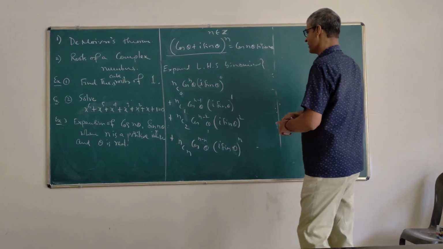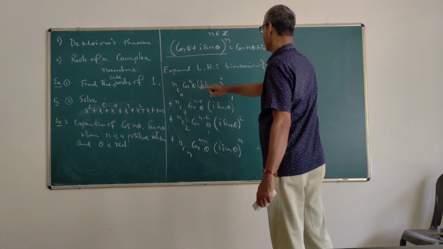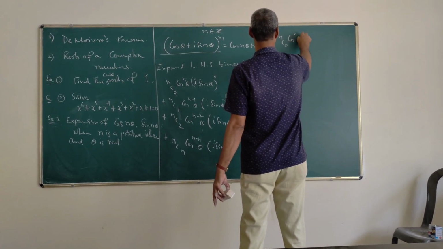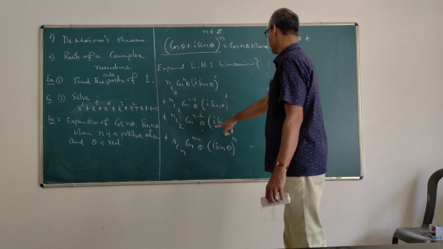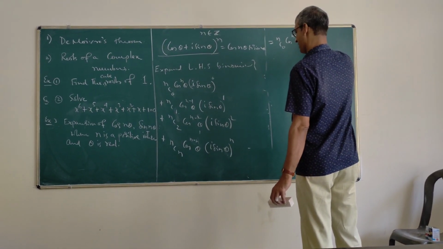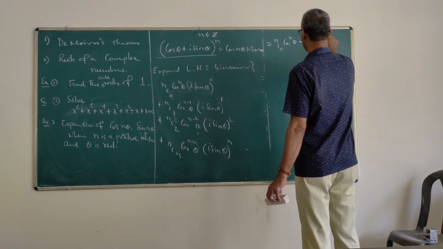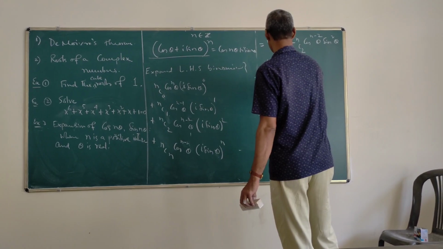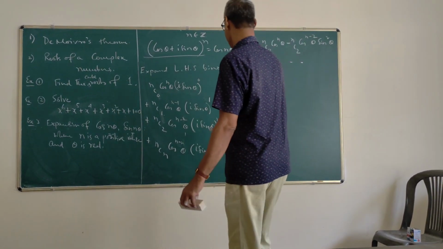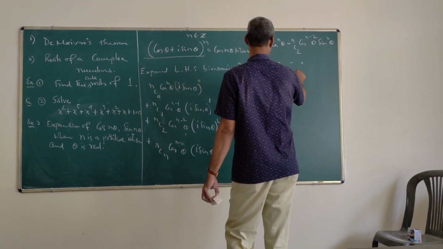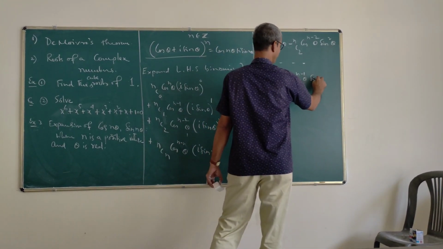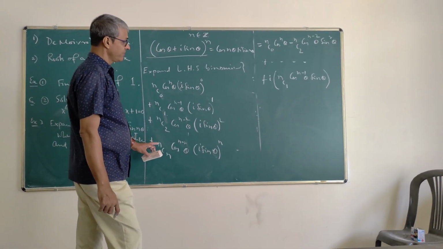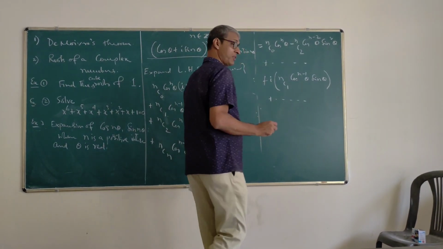The terms free from i are nC0 cos^n theta, then minus nC2 cos^(n-2) theta sin^2 theta, and so on. The terms with i start with nC1 cos^(n-1) theta sin theta, and then the next terms follow.